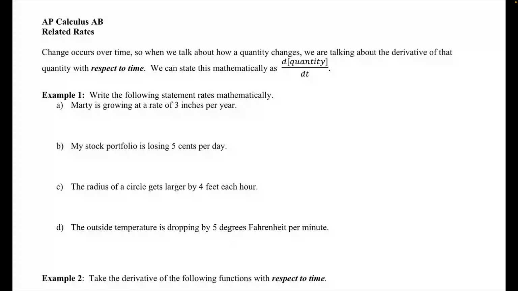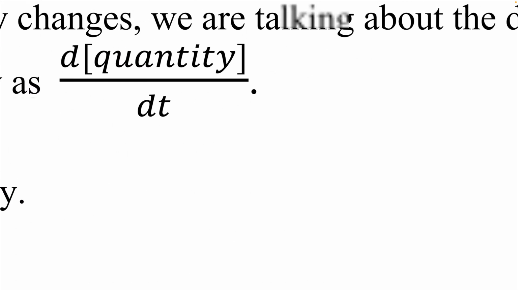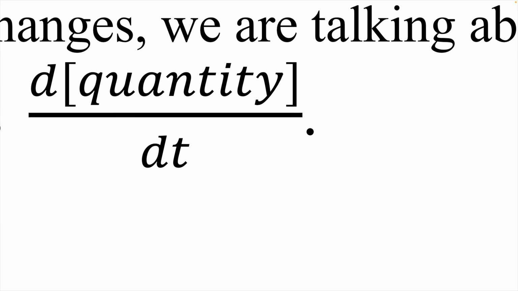Okay, Marty is growing at a rate of 3 inches per year. That's a rate. He's growing at a rate of 3 inches per year, right? Inches is the quantity. Year is the time. How do we write that as this here?